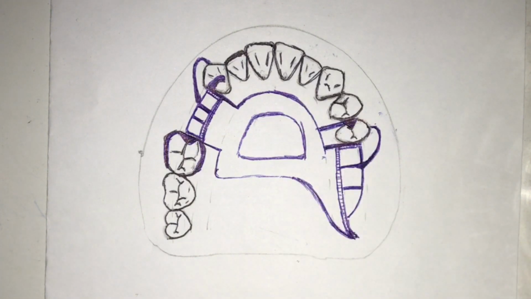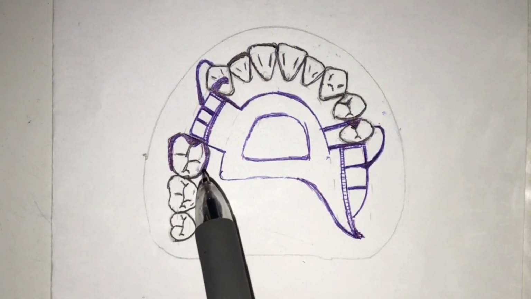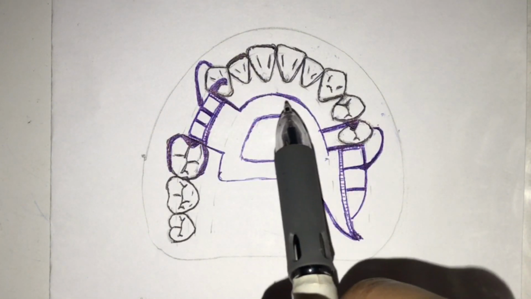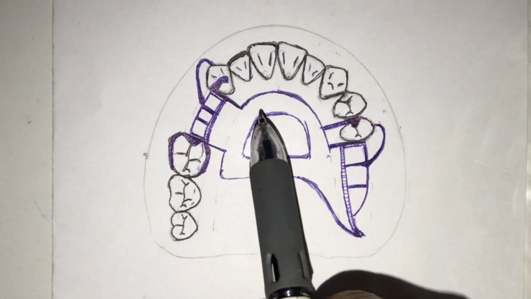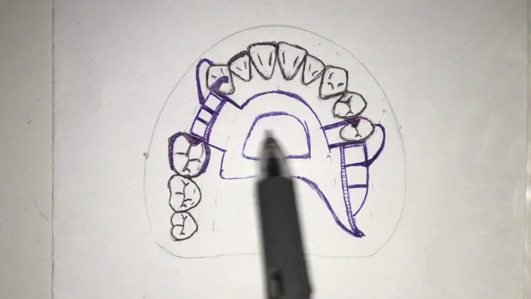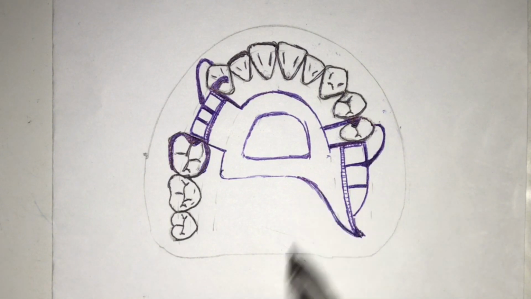But for this case, it's an antero-posterior palatal strap. So your strap should be drawn, of course, respecting the distance from an abutment tooth or remaining teeth of 4 to 6 millimeters, and the width of your anterior and posterior bar is 8 to 10, and your lateral bars are also 8 to 10 or 6 to 8.